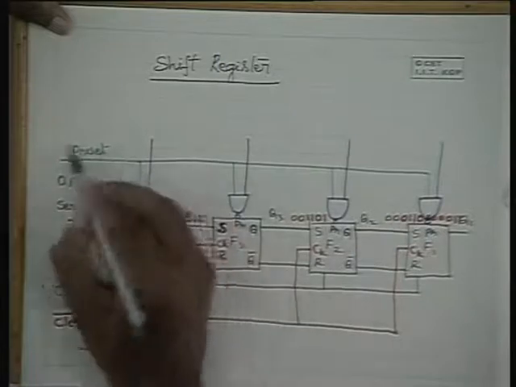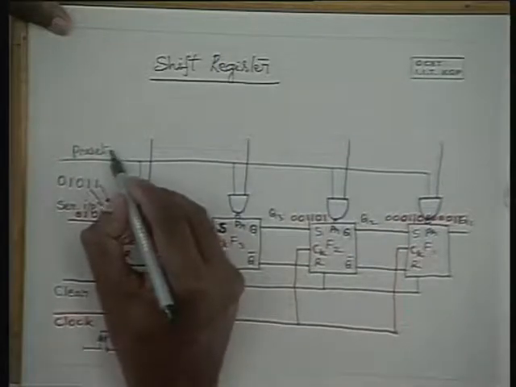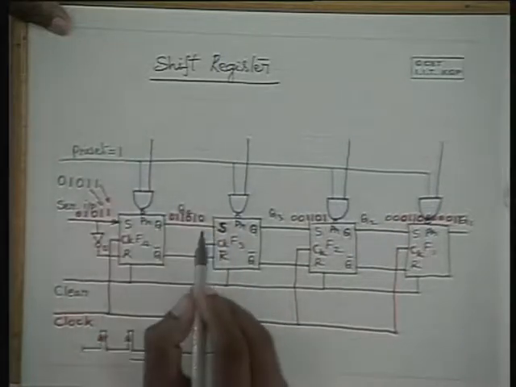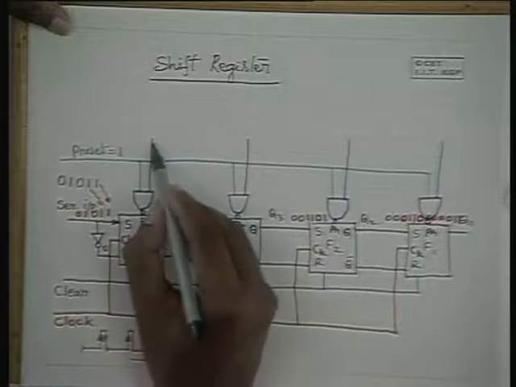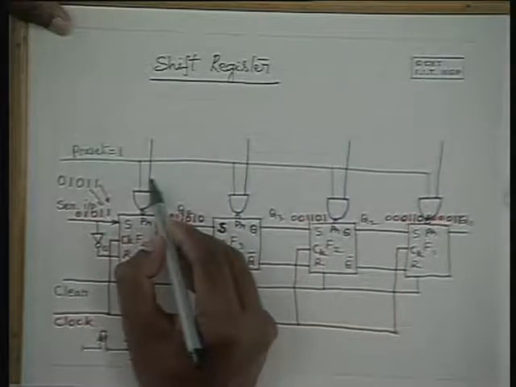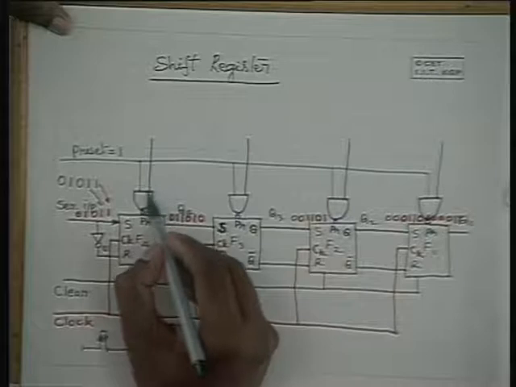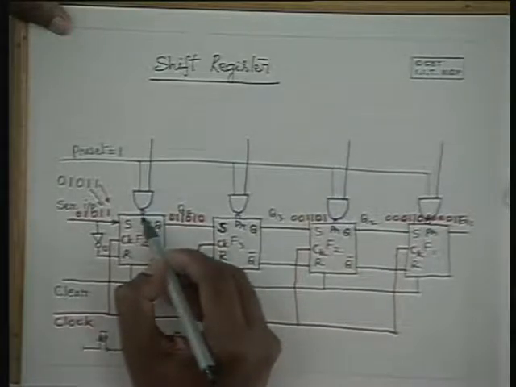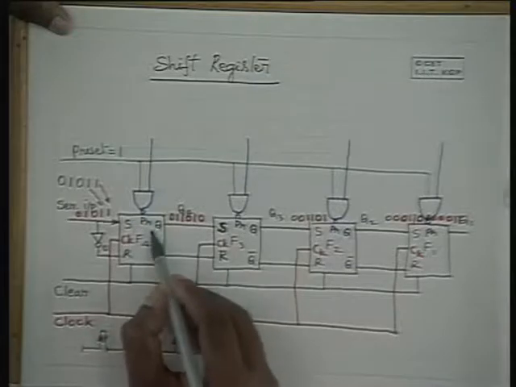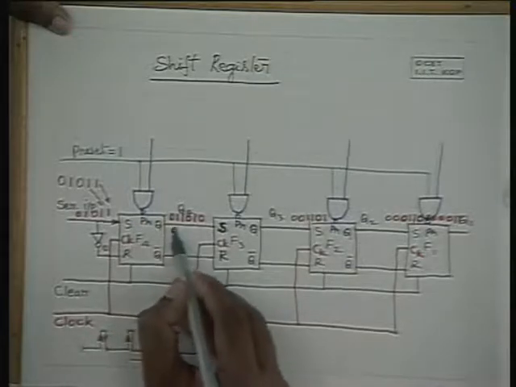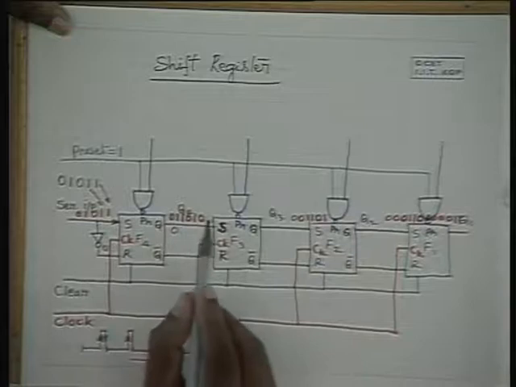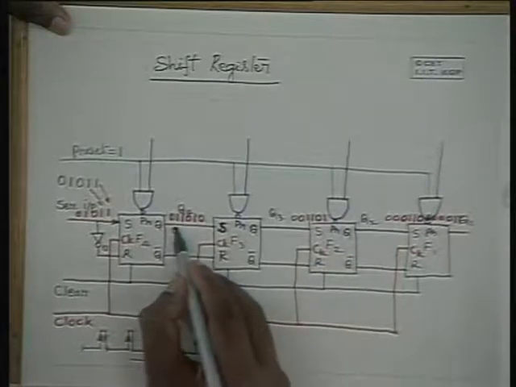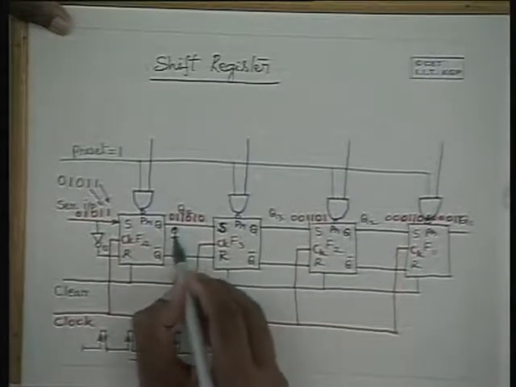On the other hand, when preset is made to be a 1, and at that instant, if this is also a 1, with both inputs as 1, this becomes 1 and the NAND gate output becomes 0 and the flip-flop gets preset to 1.